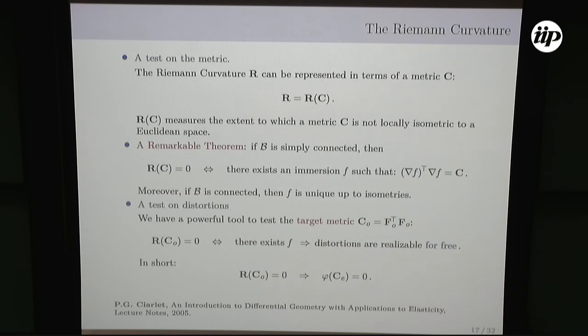There is an important theorem of differential geometry: you can express the Riemann curvature in terms of the metric. I give you a metric tensor, and you can compute the Riemann curvature. And if the Riemann curvature associated with that metric tensor is 0, then there exists an immersion. So this configuration can be realized.